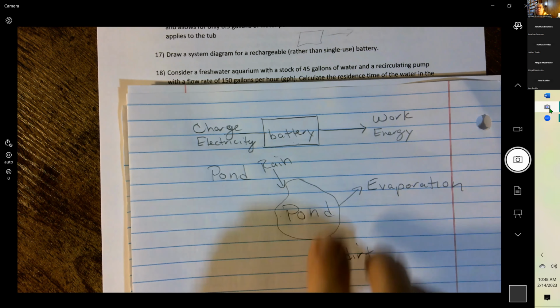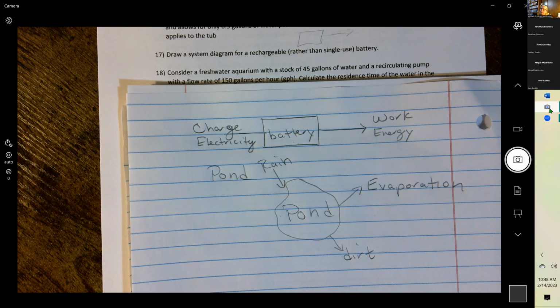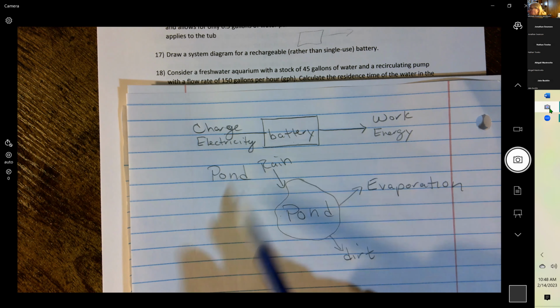No, if I wanted you to show all these things, I would have said it in the sentence that there's a pond that has the rainwater coming in, but it also has evaporation and water seeps into the dirt or any other type of drainage that it would have for an overflow. So then it would have a little bit more into it.